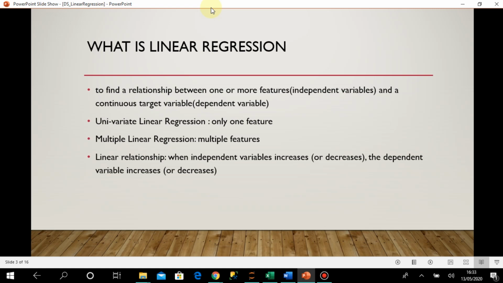If this type of relationship exists between the independent and dependent variables, then we can say there is a linear relationship between them. When we predict the outcome based on that, we call this algorithm linear regression. We'll go into detail and see how it works.